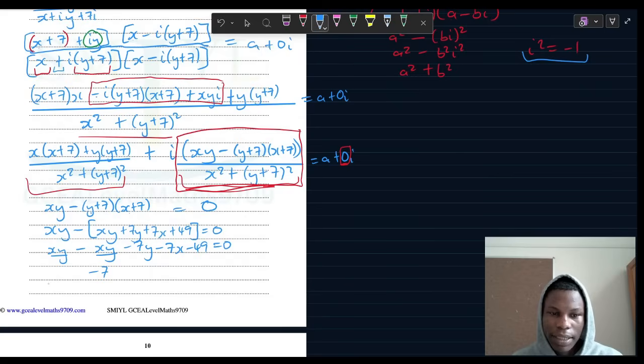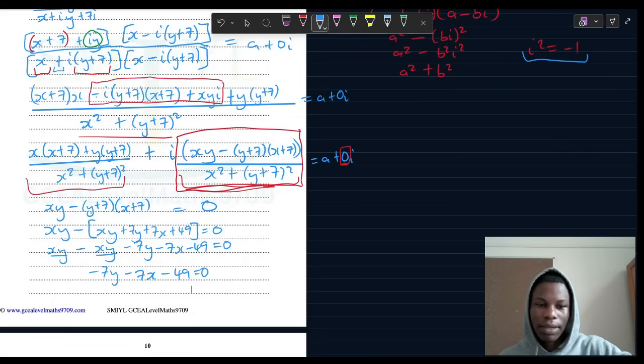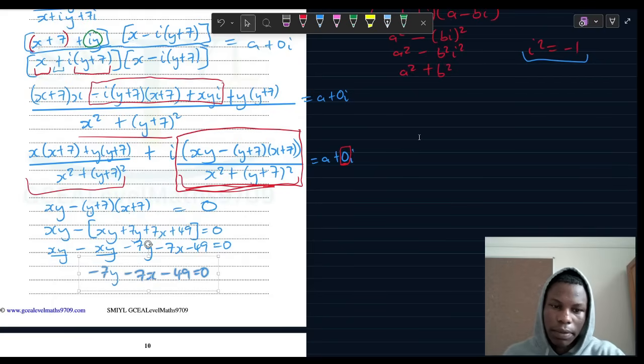So you've got minus 7y minus 7x minus 49. I said x, but I wrote y. Minus 7x minus 49 is equal to 0. And so now we have our second equation in terms of x and y.